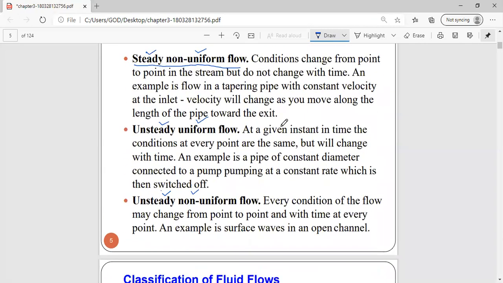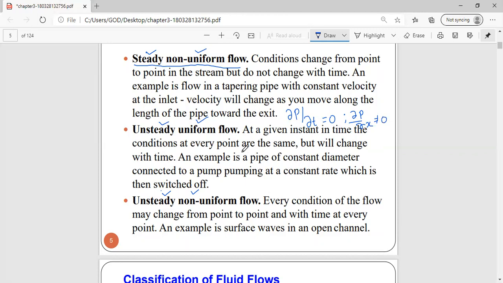Now what will be the equations for all these? You can see here. How can I write? For steady non-uniform, with reference to time it is constant, so dou p by dou t is equal to 0. At the same time, dou p with reference to dou x is not equal to 0.